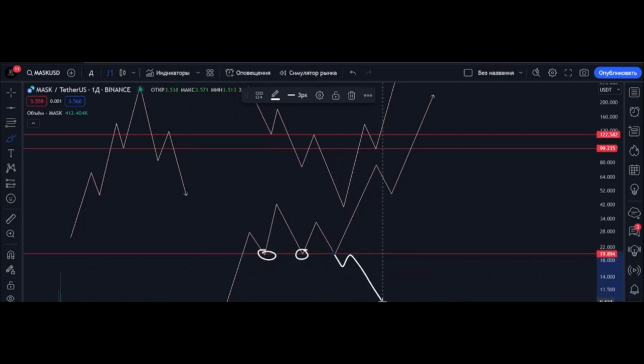Only then will our head and shoulders work. Again, you need to realize that any pattern, any figure of technical analysis, also consists of levels and trends that break or do not break. Just like that. Next.